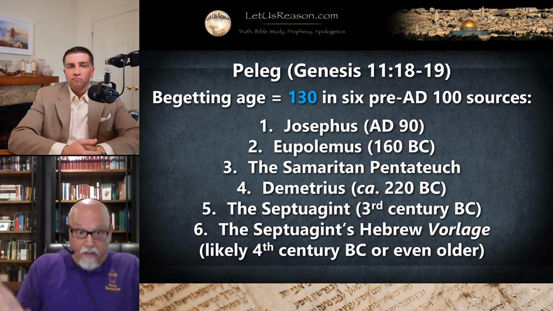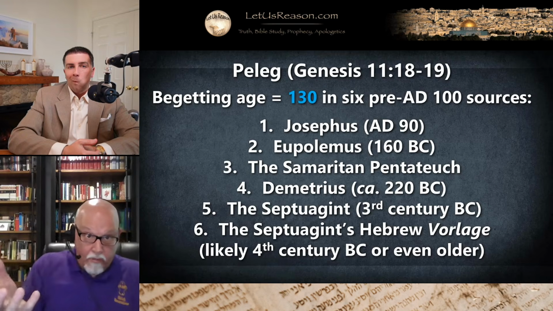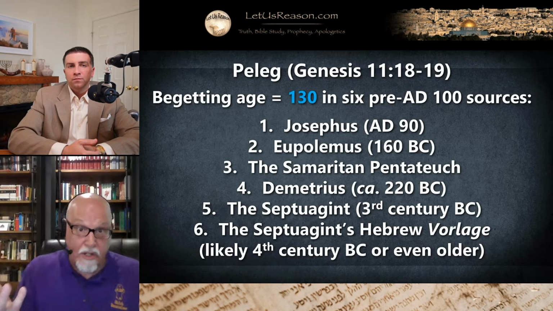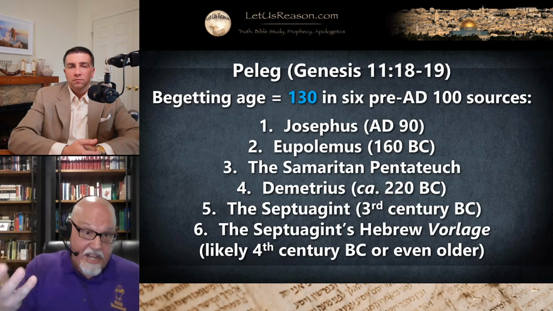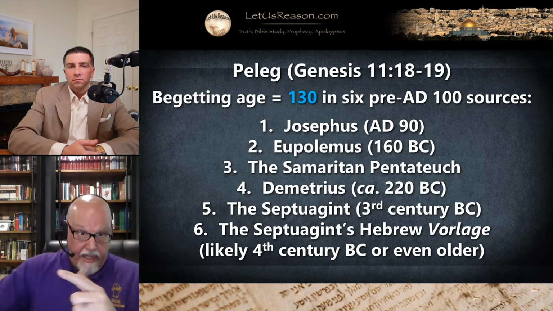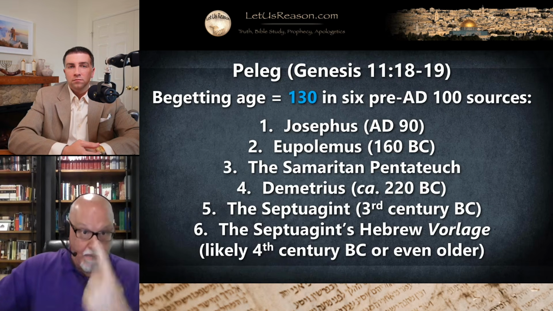So when we put it on the scale, we're sitting in a courtroom and we're saying, okay, which one is the original? We have 6 witnesses prior to the year 100 that point to 130, either explicitly or indirectly. And we have 1 witness, the Masoretic text, that points us to 30.